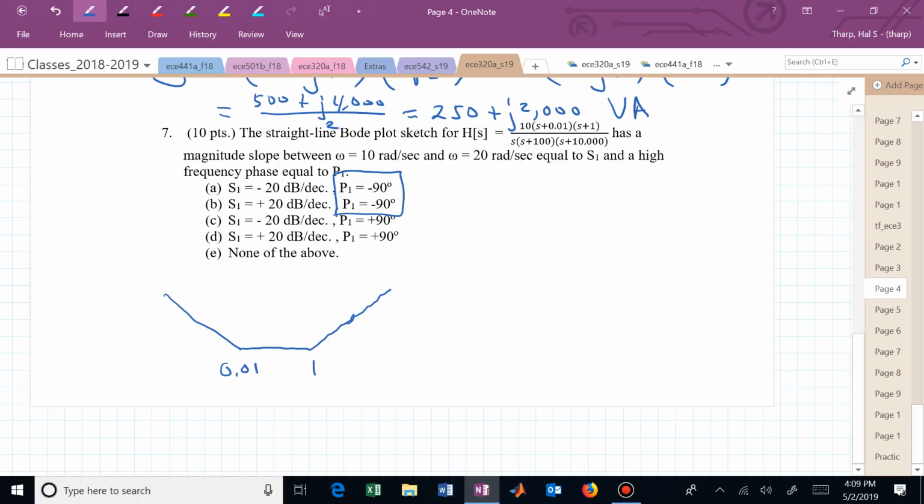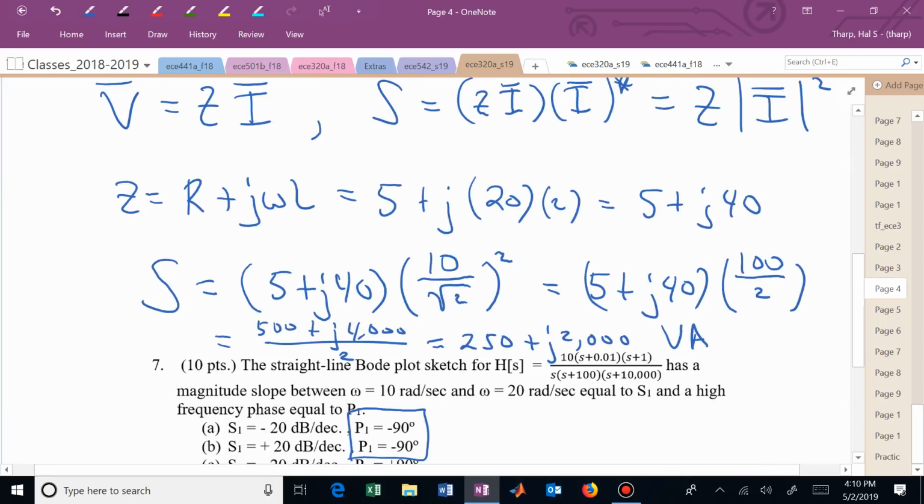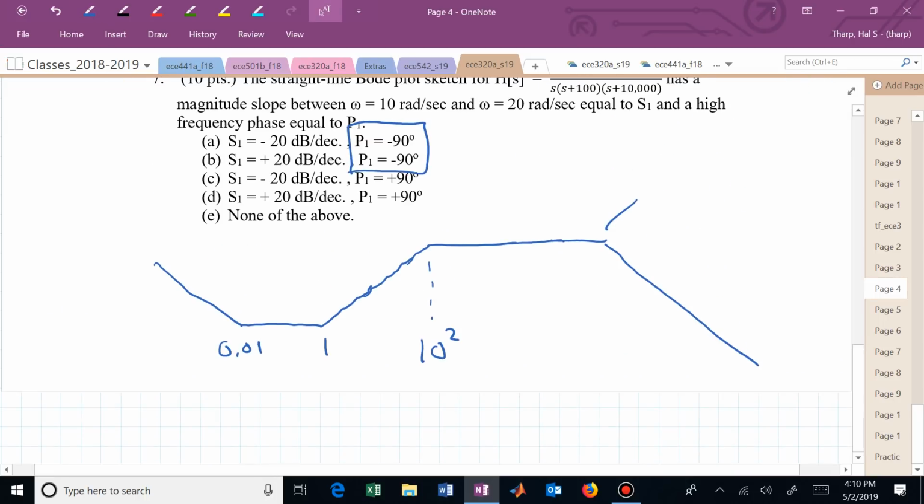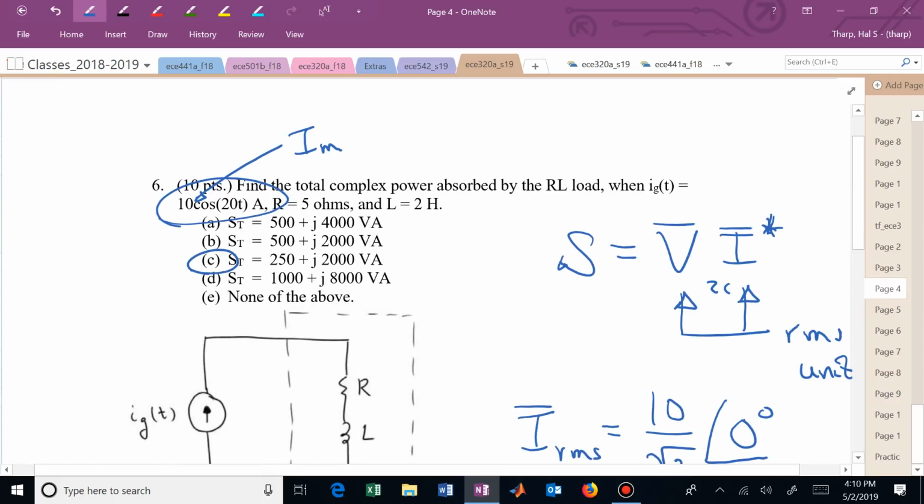We should be flat in terms of magnitude. And that was happening at 100. And then what happens? Then at 10,000, or 2 decades later, we go down.